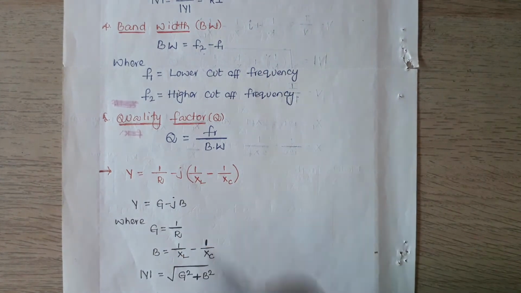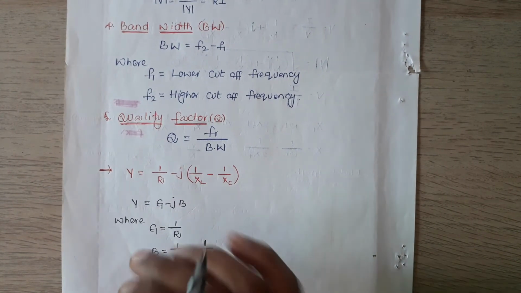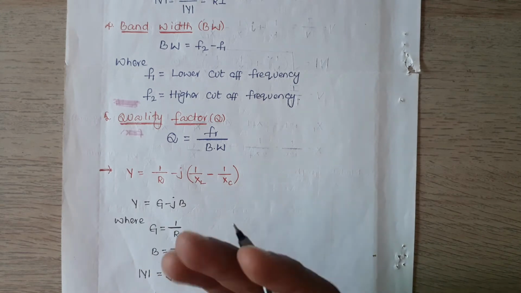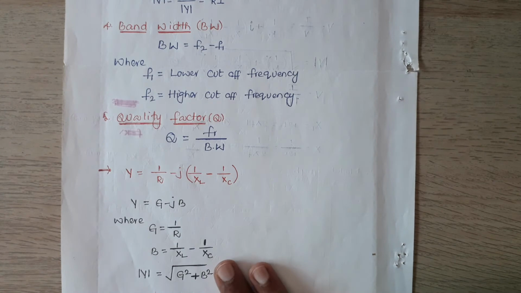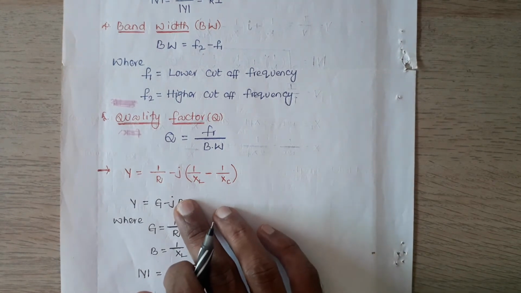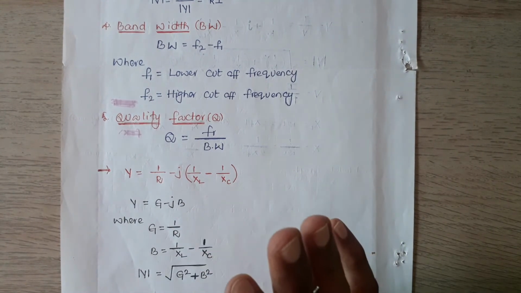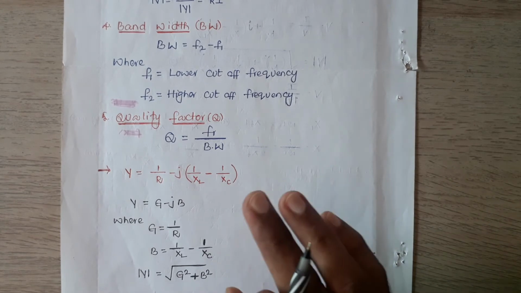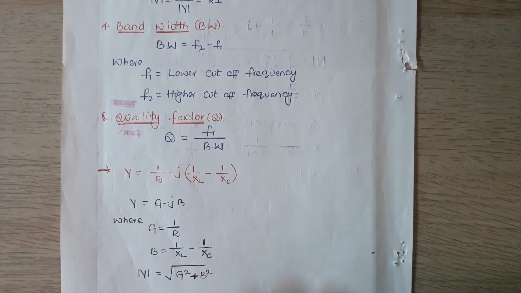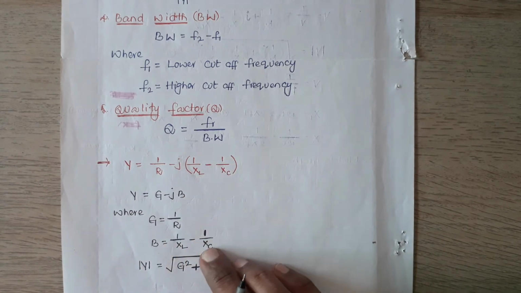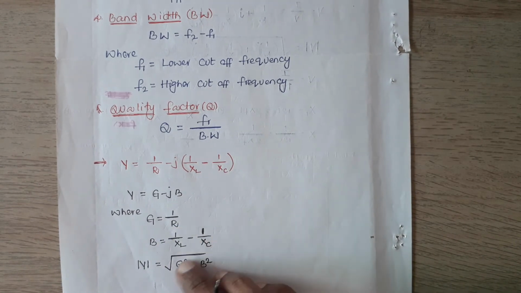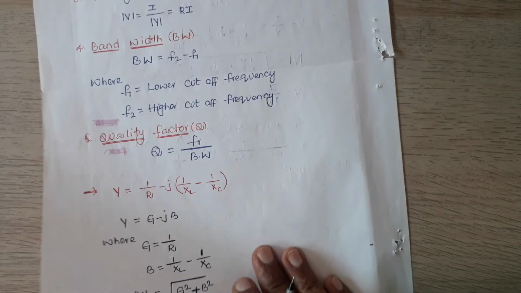Whereas in series resonance, we get impedance and make X 0 for resonance, here we make B 0. At resonance there is no imaginary term, whether series or parallel resonance. If the imaginary term is 0, the circuit is at unity power factor. So G equals 1 by R, B equals 1 by XL minus 1 by XC, which is 0 at resonance.